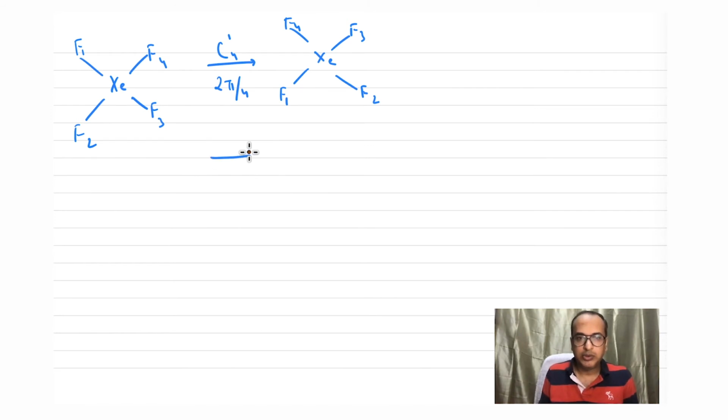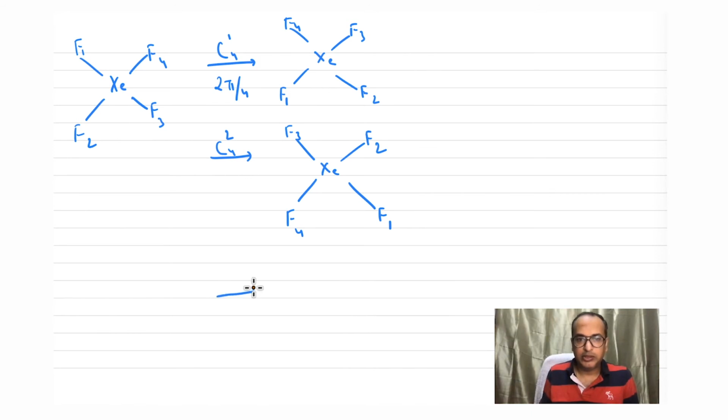Now let's do C4 2. So C4 twice will be 90 degrees plus 90 degrees, right? So that will be a 180 degree rotation. So 180 means that now 1 will go to its diagonally opposite position, 2 will go there, 3, 4.